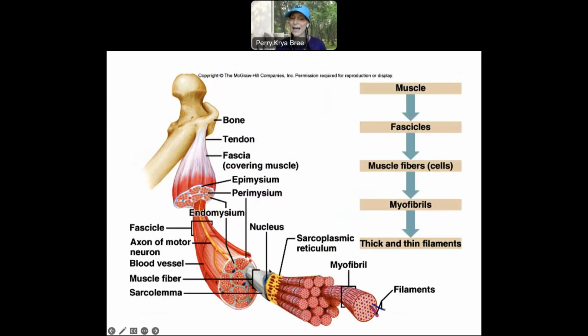So inside a single cell, and this right here, all of this is inside one cell. You can see the nucleus here, and then this would be the plasma membrane that we call in muscle cells the sarcolemma. So this sarcolemma is basically some connective tissue that's covering the plasma membrane of your muscle cell, okay? So all of this is in one single muscle cell that we call a muscle fiber.